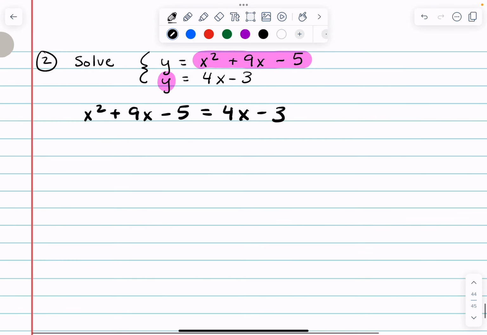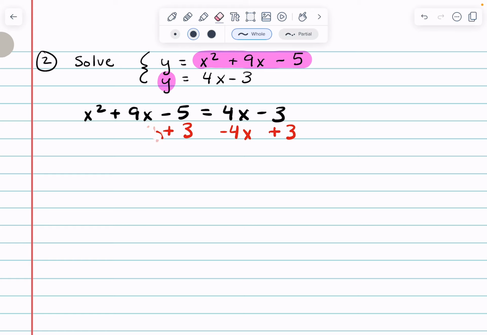So I'm going to go ahead and subtract 4x from both sides and add 3 to both sides. So on the right-hand side, these cancel out.